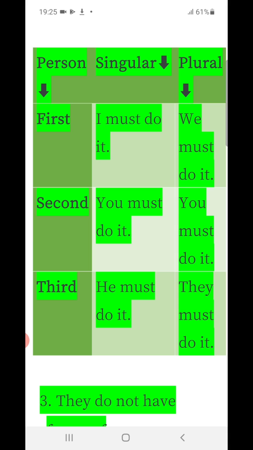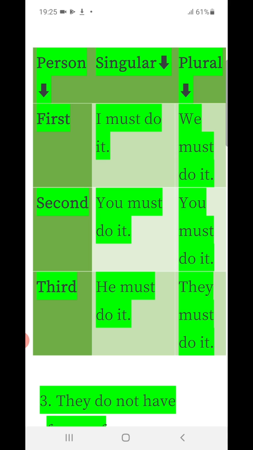Suppose first person and we are taking the modal verb must. So let us see whether it is going to change with the change of person and number.